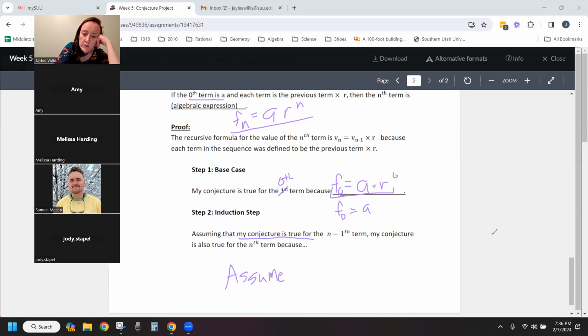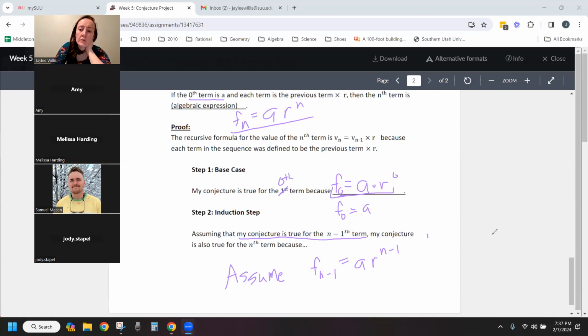You're assuming that your conjecture is true for the term before the nth term. So Amy, you said f of n minus 1 equals, I'm guessing the 6 was meant to be an exponent sign. And it looks like Anita got a times r raised to the n minus 1. Perfect. Okay, awesome. So we're going to assume that.